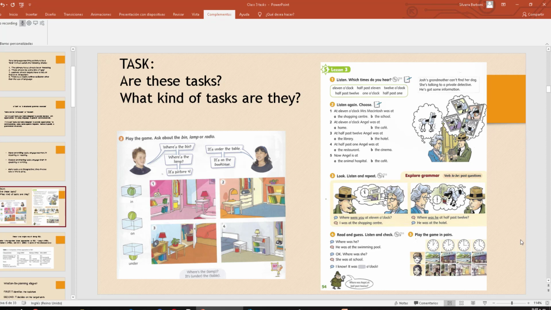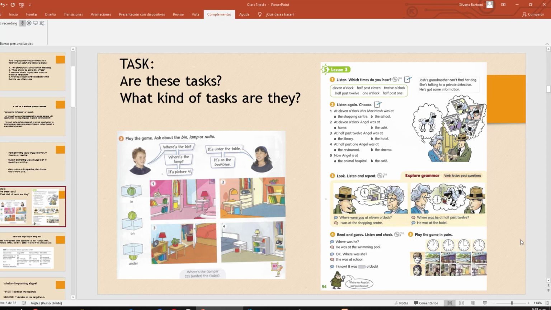Something similar happens with the second task. In the second task, students have to listen again and choose the best answer. In this particular case, they have a two-choice task in which students have to finish the sentences by ticking the correct option.